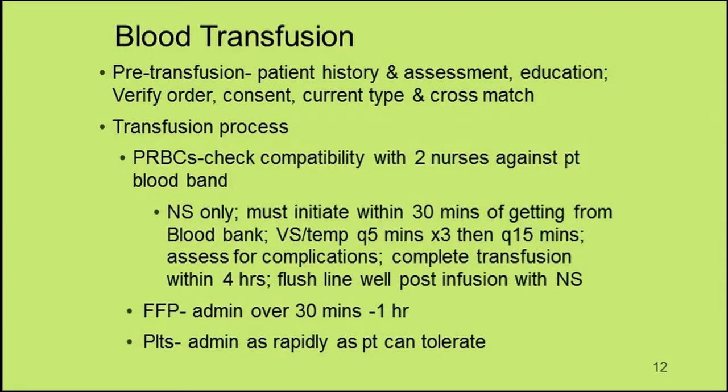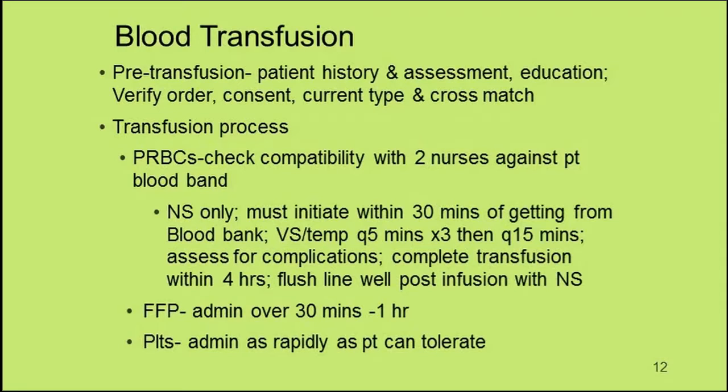So that type and match would expire at midnight on March 15th. There are other facilities that say, no, that type and match was done at 10 a.m. on March 12th, so it will expire at 10 a.m. on March 15th. So you need to be aware of your facility's policy, okay? But it's only good for 3 days, 72 hours.